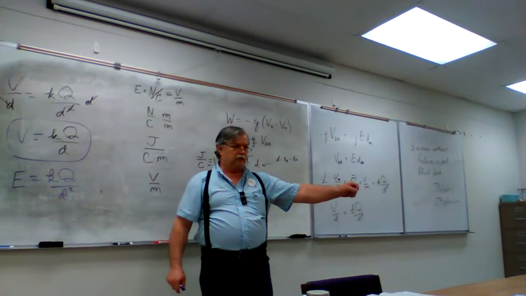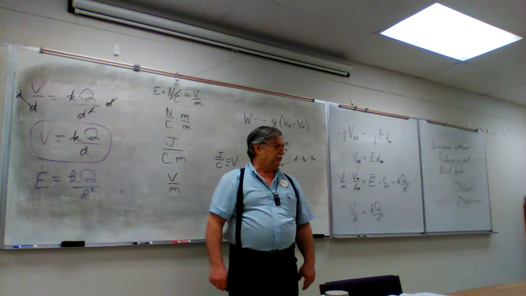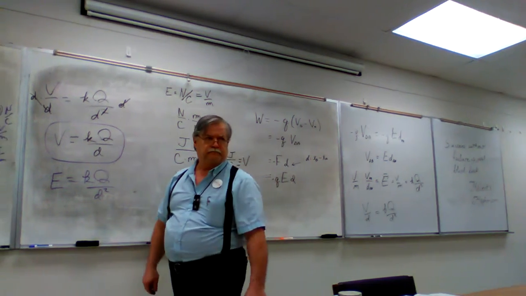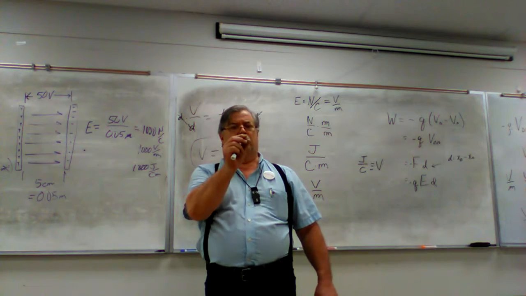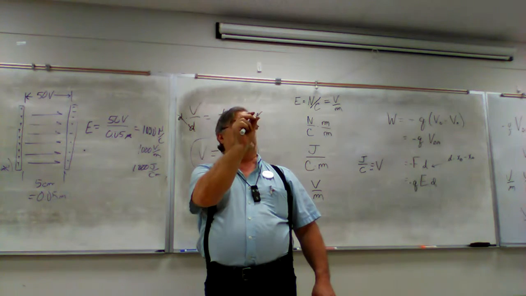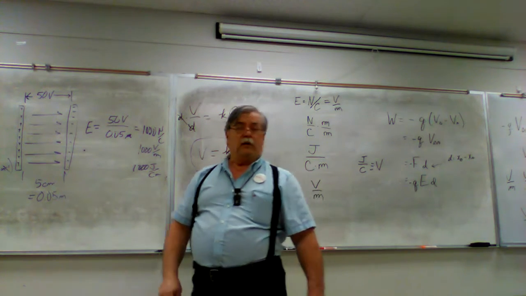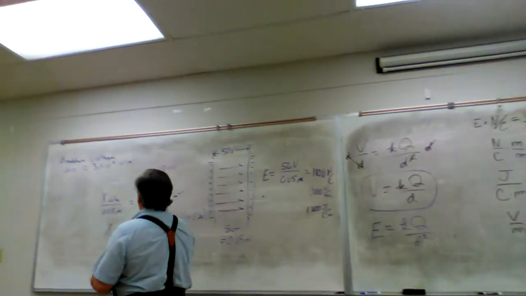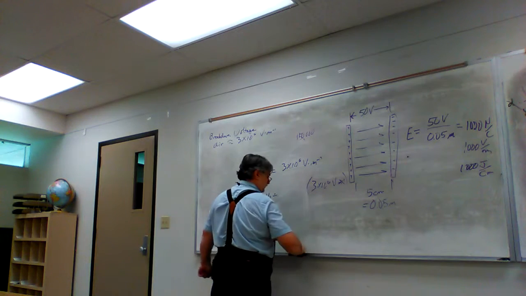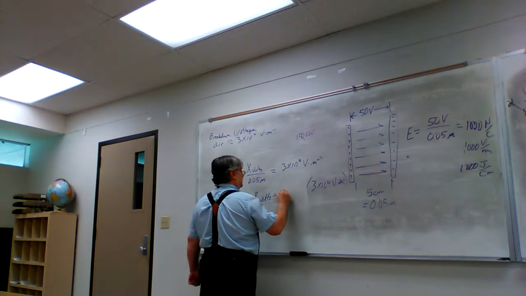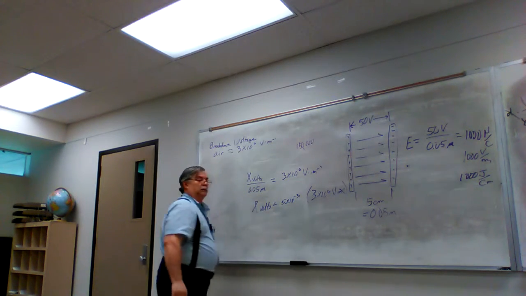You've ever seen a spark jump across from your fingertip when you go to touch a doorknob? How far, what's the longest one you've ever seen? About a centimeter? You ever seen one about a centimeter long? 5 millimeters? Okay. How many volts is that? 5 millimeters would be 5 times 10 to the minus 3 meters.